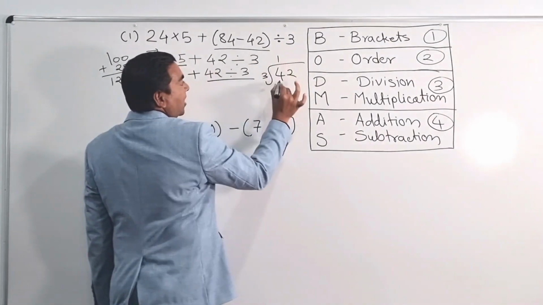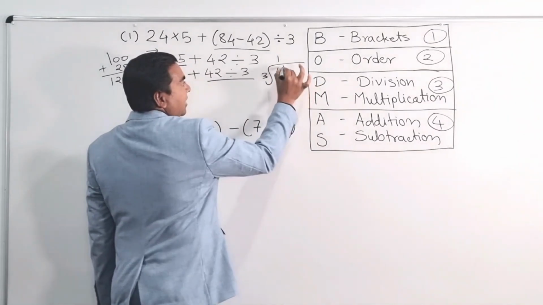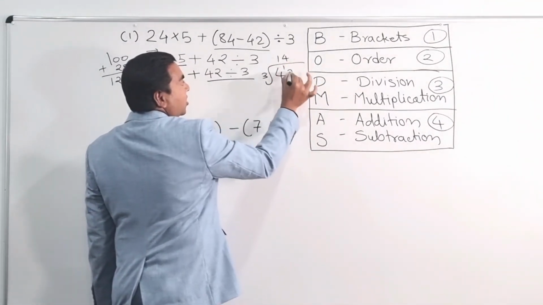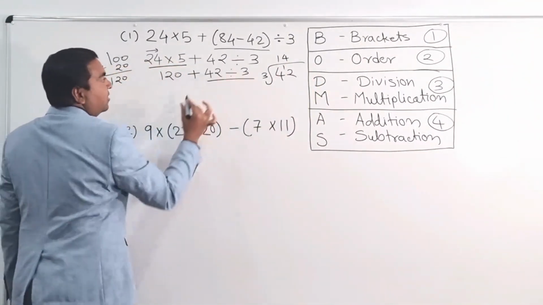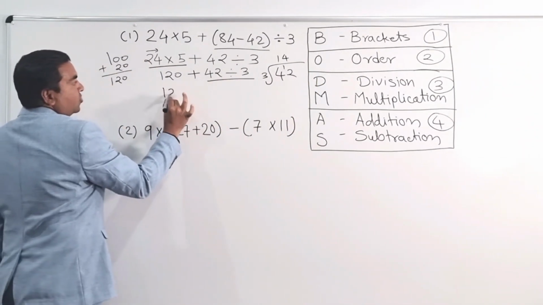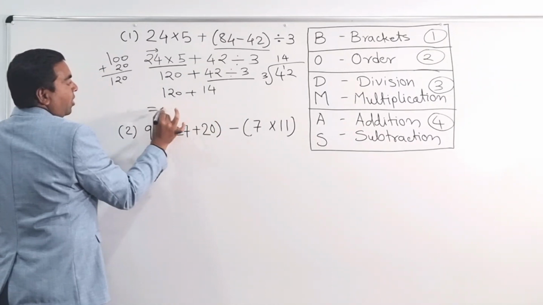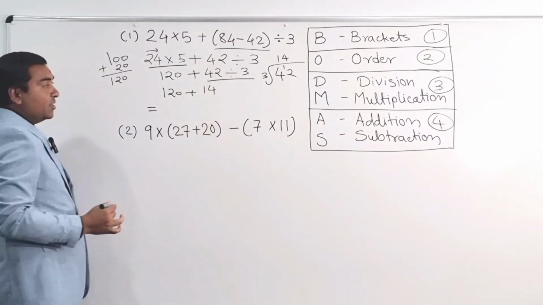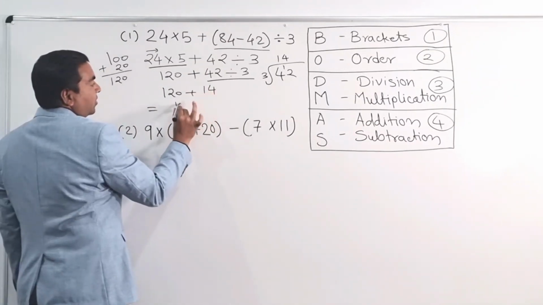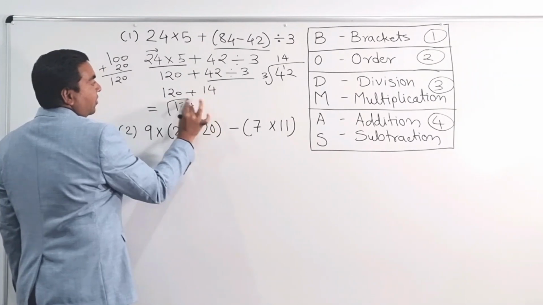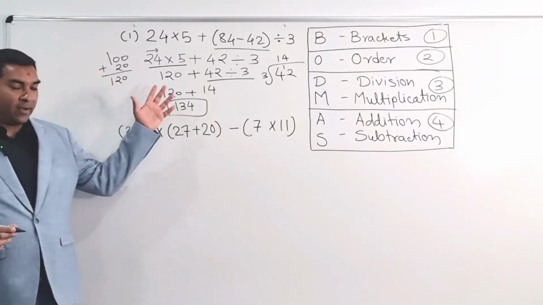So 3 1s are 3, 1 carry. And then 12. So 3 4s are 12. So that is going to be 14. So 120 plus 14. Now 120 plus 10, 130 plus 4, 134. So my answer is 134. And that is my question number 1.